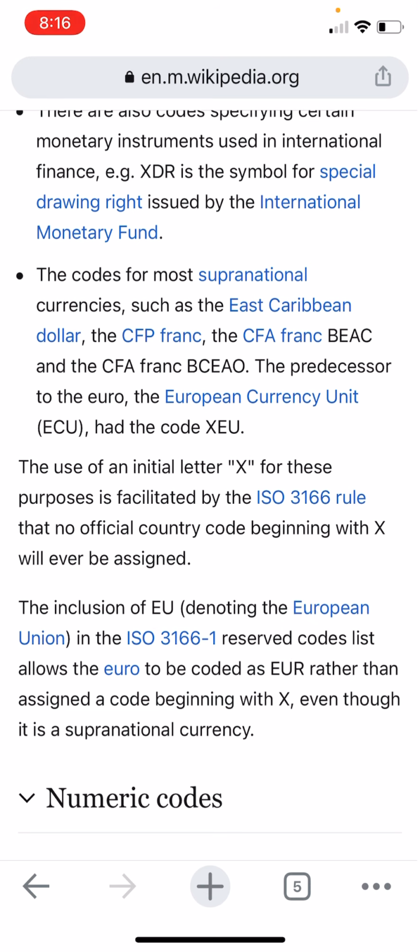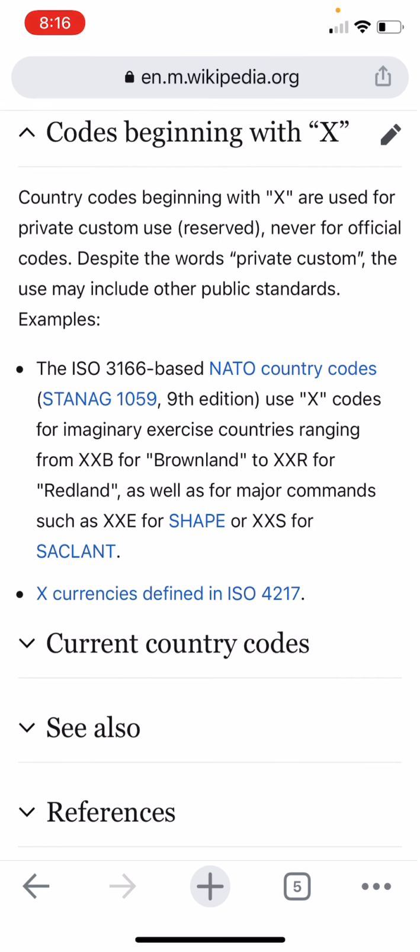acronym there. But this bit about the X in the ISO 3166 rule, the supranational currency: country codes beginning with X are used for private custom use, reserved, never for official codes. Despite the word private custom, the use may include other public standards.